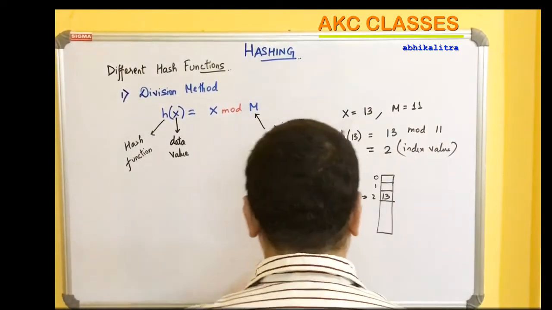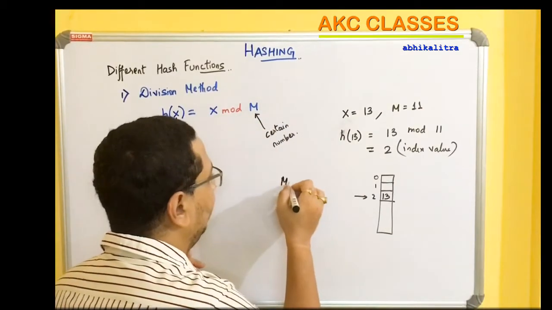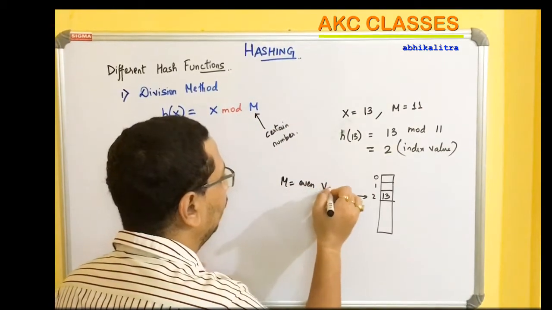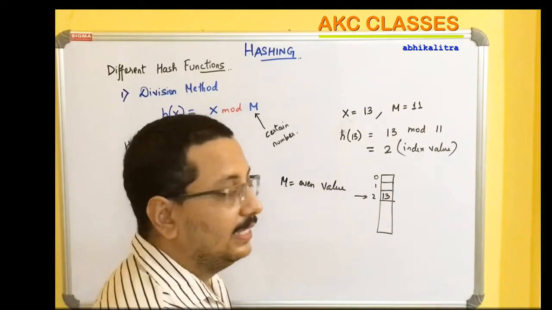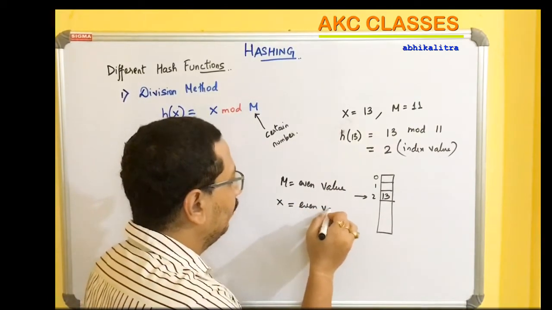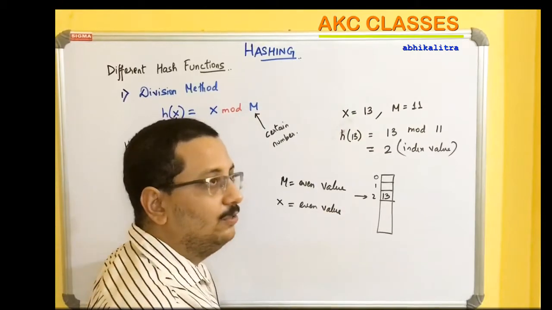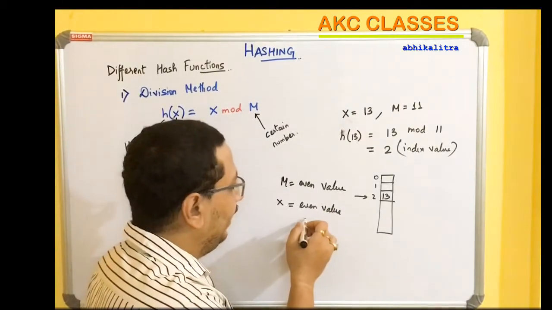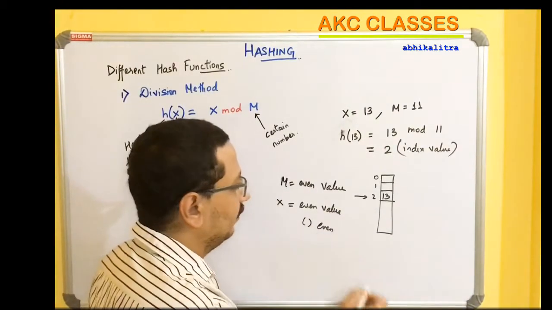So if I consider taking m to be an even value, then all the x which are even values will obviously get an even remainder, right?